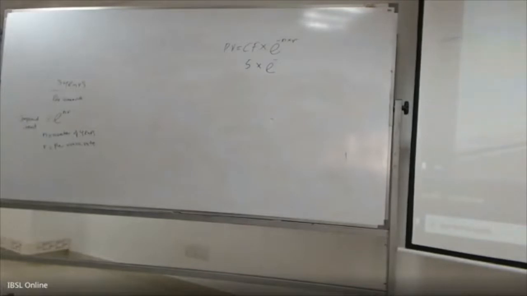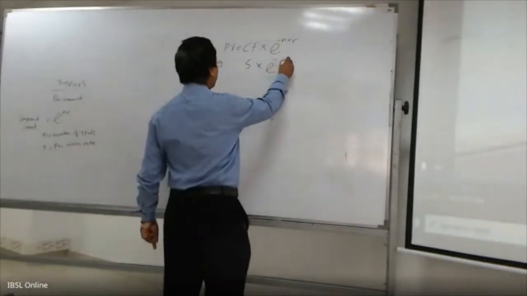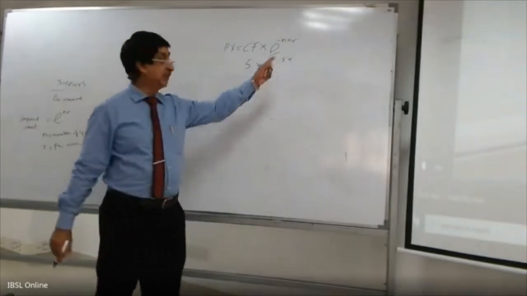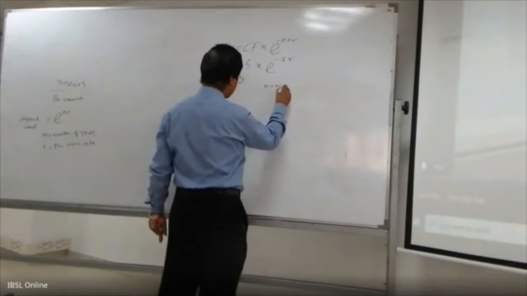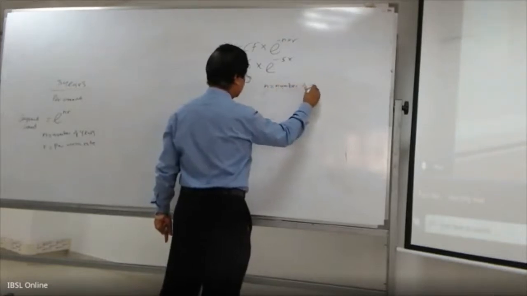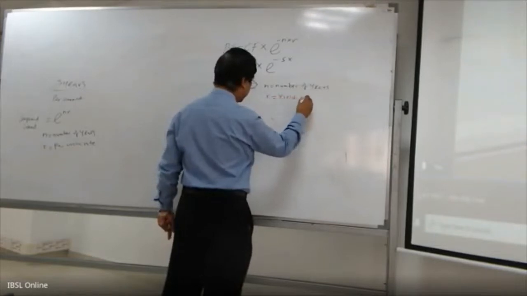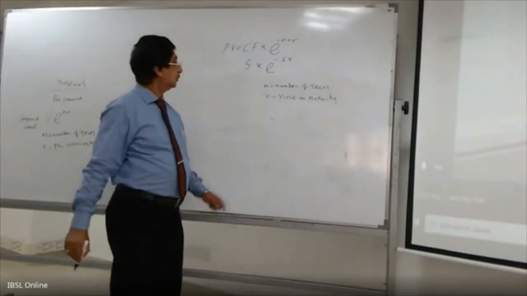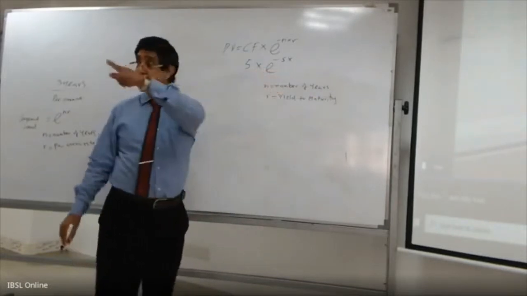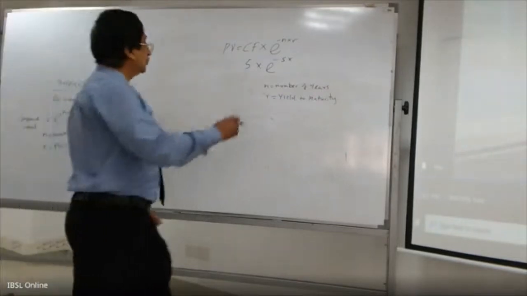Number of years, not half years. What is r? r is the yield to maturity. Yield to maturity is 12%, given as 0.12.